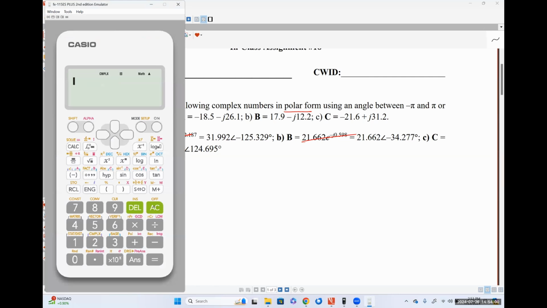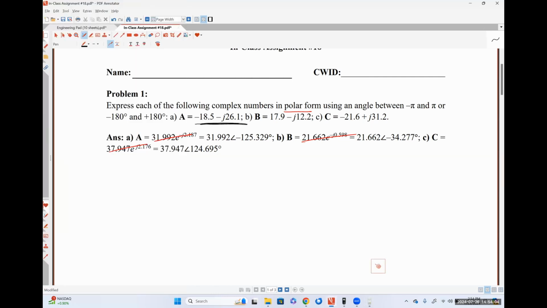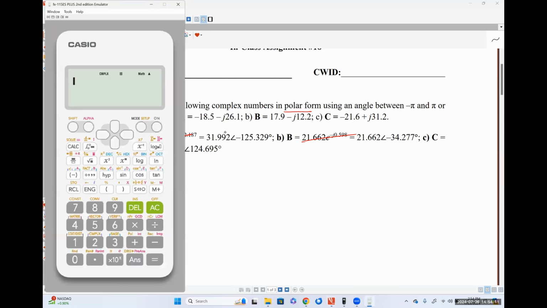Just for the sake of argument, for part A, this is the number that we're looking at. I'm going to type in negative 18.5 minus 26.1, engineering button.